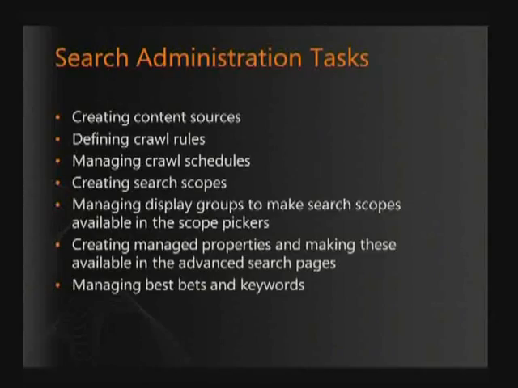And then creating managed properties. This is also new within MOSS, where as an administrator you can expose a managed property in the advanced search page, for example, and then have that property mapped to a number of properties that have been crawled. So we have two types of properties: managed properties and crawled properties.